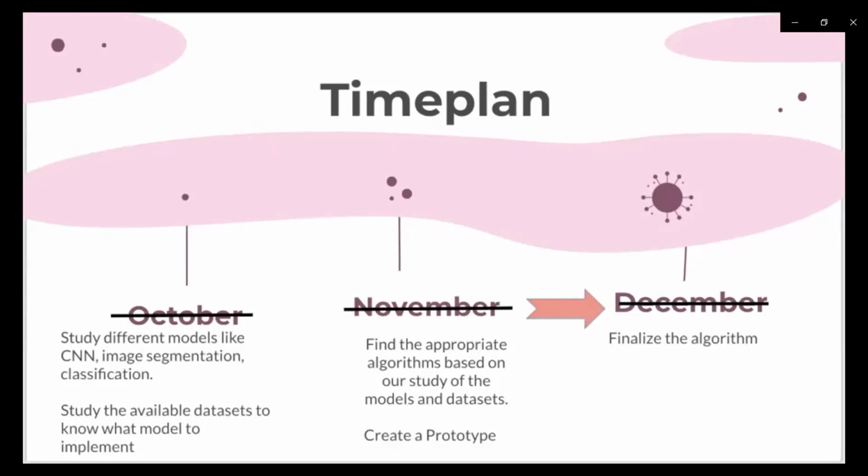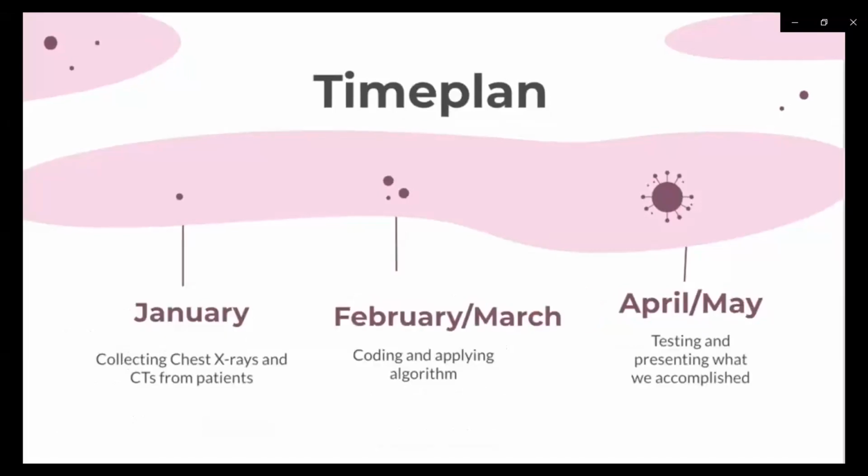And in December, we are finalizing our prototype and our algorithm, and looking for ways of deciding the way of implementation. After that, for the second part of this project, which is CIS 2, we will start in January by collecting more X-rays and CTs from patients. Maybe we can use them manually or rely on other data sets that we can get.